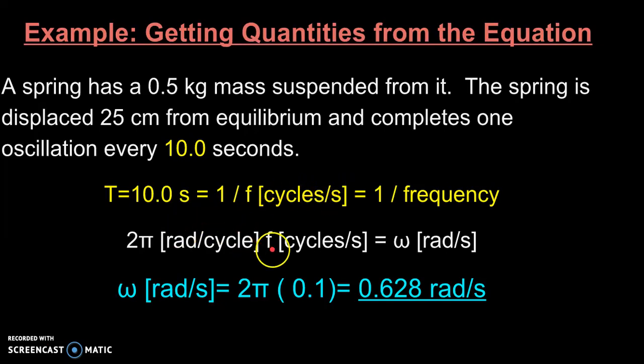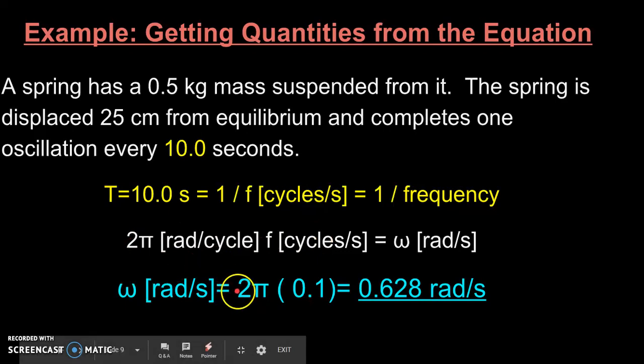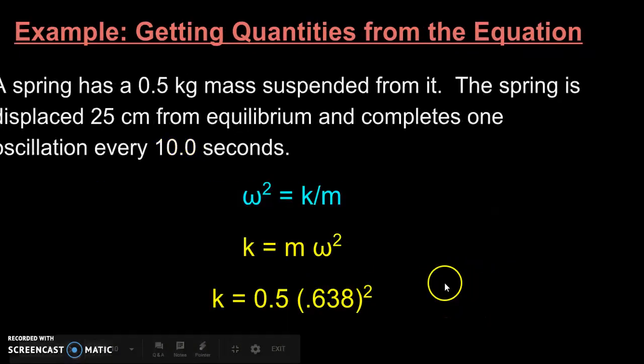Now I want to convert from frequency, cycles per second, to angular frequency omega, radians per second, because that's what goes in that cosine formula. I know there are 2 pi radians per cycle, so omega is 2 pi radians per cycle times 0.1 cycles per second, or 0.628 radians per second, and that gives me my angular frequency.